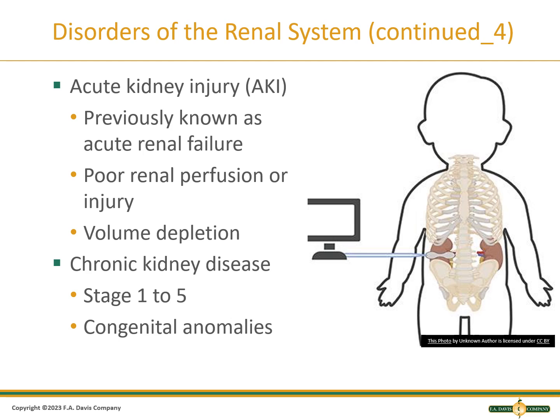It's the result of poor renal perfusion or injury, and it's typically caused by ischemia, toxicity, nephropathy, or sepsis. Dehydration or volume depletion is still the most common cause. And the prognosis is dependent on the causative factor. Renal replacement therapy or dialysis is the mainstay of treatment.